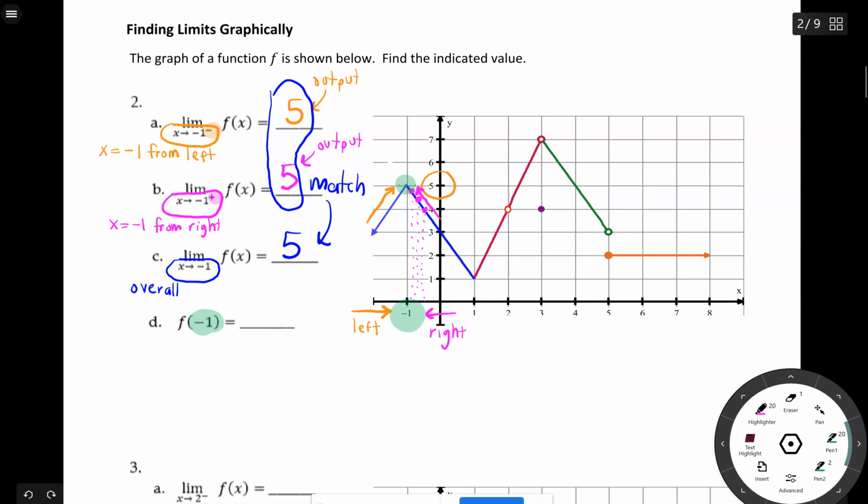There's no hole in the graph. If there's no hole, the graph is actually defined there. The height of the graph is actually a 5. So all of these happen to match, but that won't always happen. We're going to see an example in a minute where that doesn't happen.